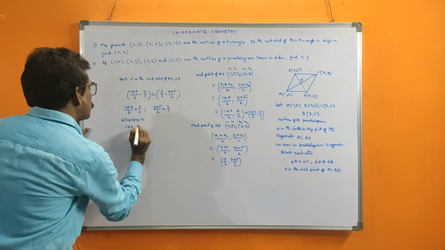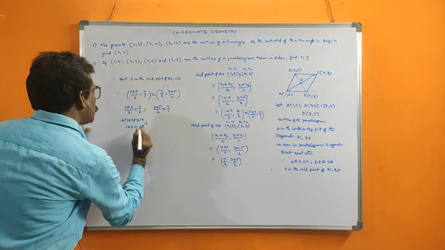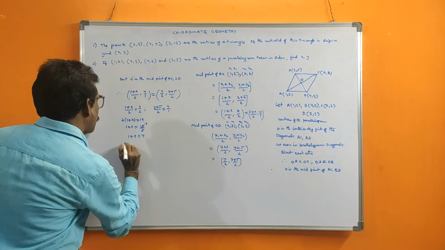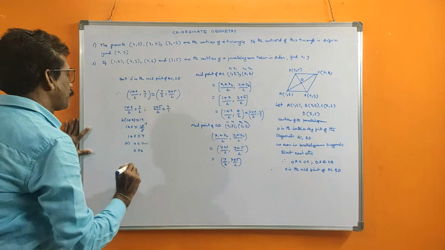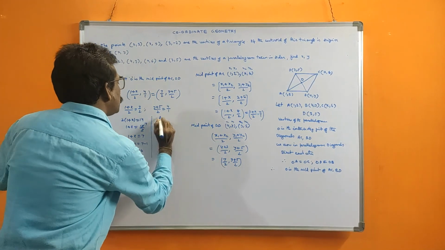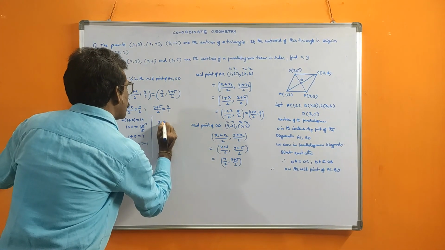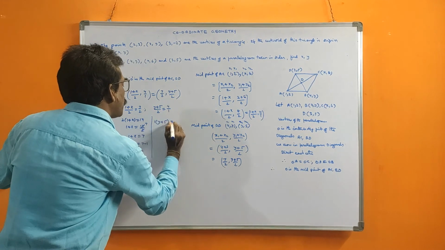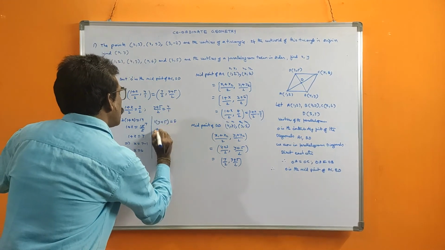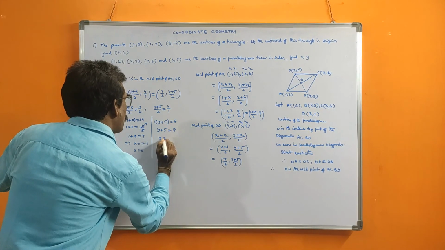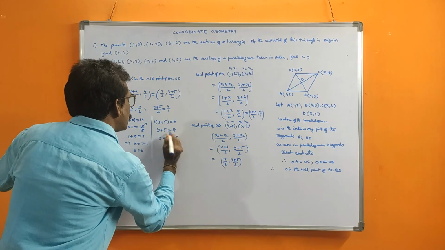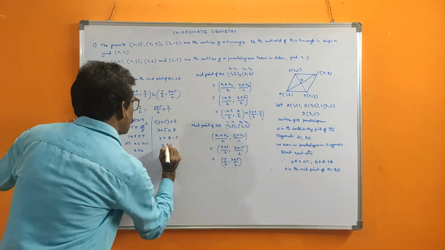So 1 plus x is equal to 14 by 2, that is 7. 1 plus x is equal to 7 implies x is equal to 7 minus 1, x is equal to 6. From this cross multiplication, 1 into (y plus 5) is equal to 2 fours are 8. Only 1 is there, y plus 5 is equal to 8. y is equal to 8 minus 5, y is equal to 3.